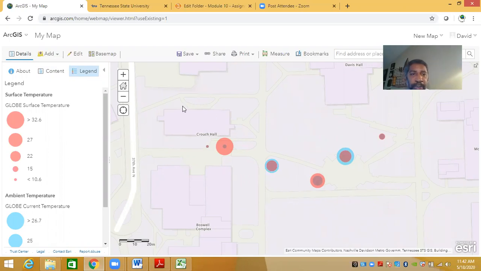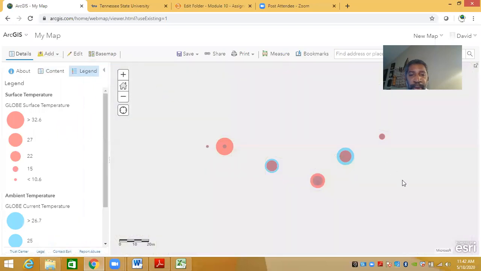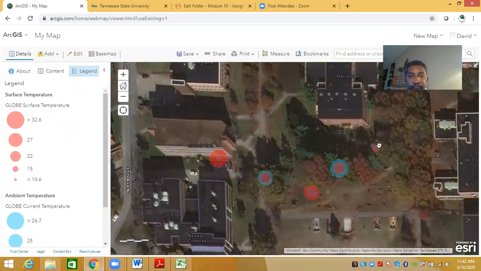And so finally, let's change our base map so that we have a surface that we're a little bit more familiar with, so we can see the campus here at Tennessee State University. One thing you'll make note of, just as an aside, notice that pretty much all the buildings at TSU, a lot of these buildings were built 50 and 60 years ago.